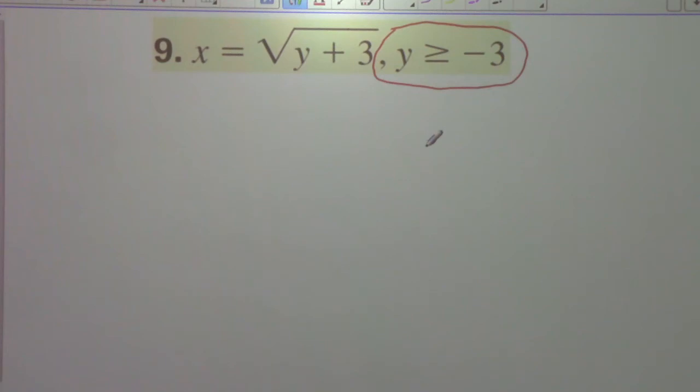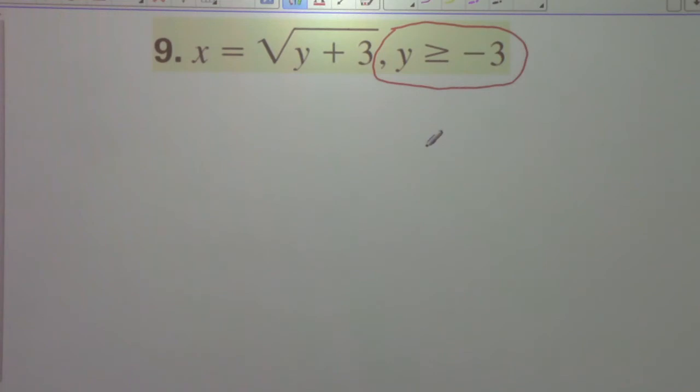What'd you get, Addie? Non-real. Non-real number, right? So we can't have a real number that's the square root of a negative number. Now, it can be an imaginary number, but we're not going there. We're talking about real numbers. 99.8% of the time in this class, we're talking about real numbers, okay?